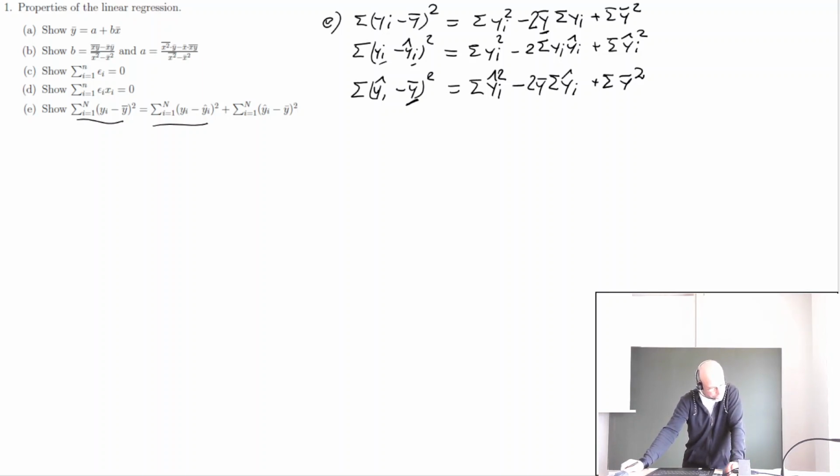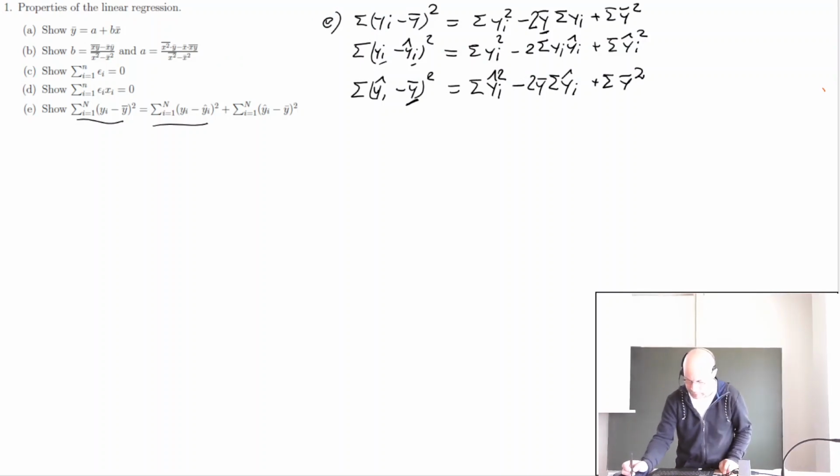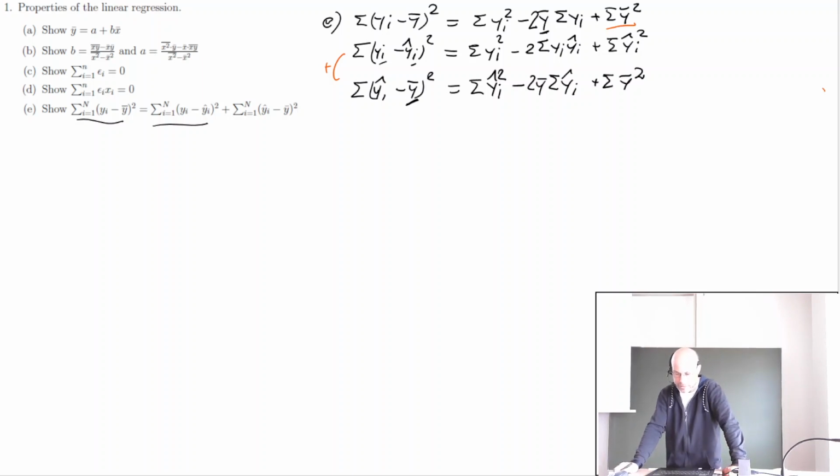So, and now what we find here, let's take colors. First, here we have a plus. So then we see we have on the left side plus the sum over y bar squared. In the other two parts, we find this only here. So this cancels out.